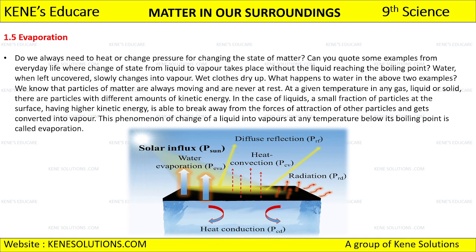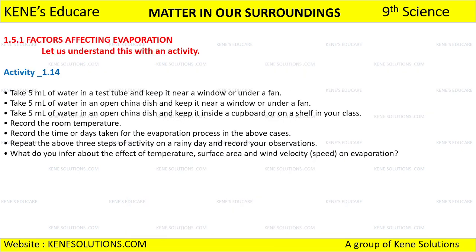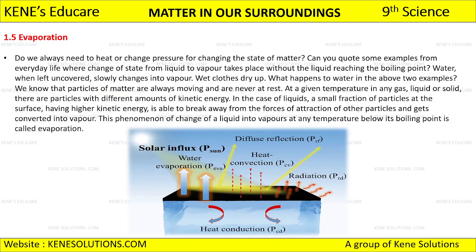But in evaporation, the liquid is directly getting converted to vapor at any temperature below its boiling point. This is very important. I want you all to please write the points which you find important from here, and then we'll discuss the factors which affect evaporation.